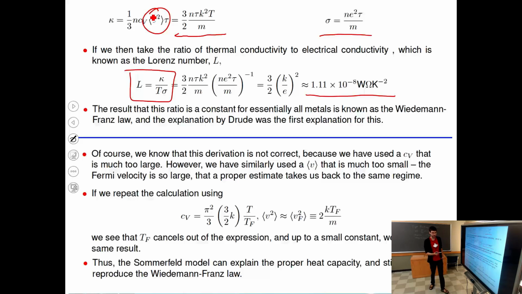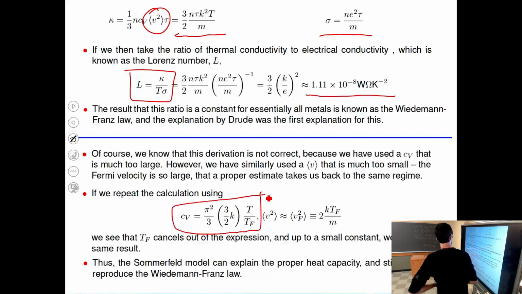Well, here is the reason. Like I told you, a mistake was made twice. Now, in Sommerfeld theory, we have to take a different v squared. So we take heat capacity from the Sommerfeld theory, which is this one.